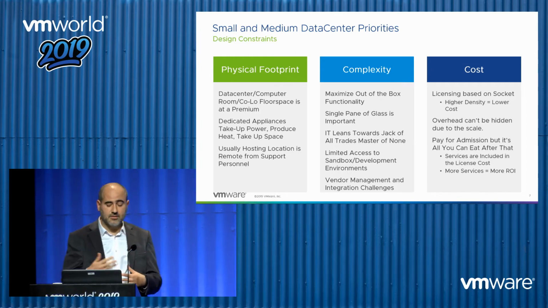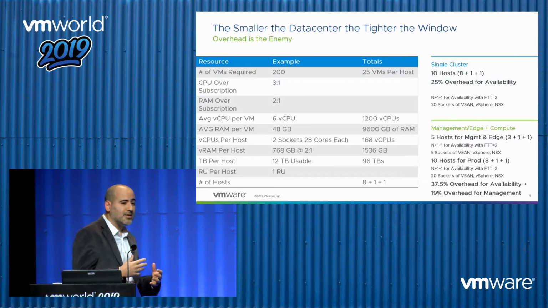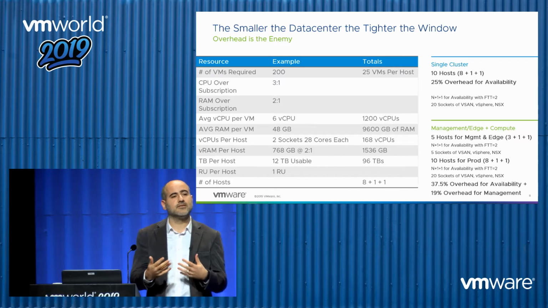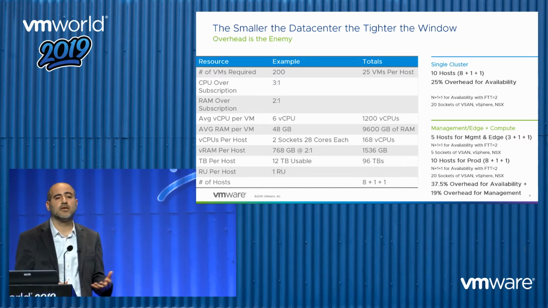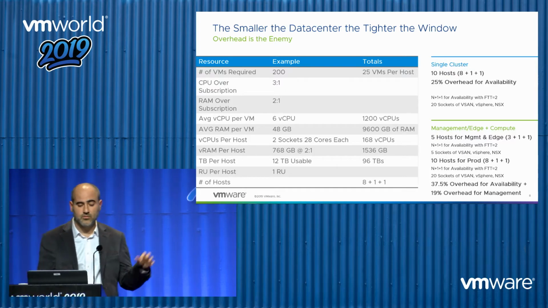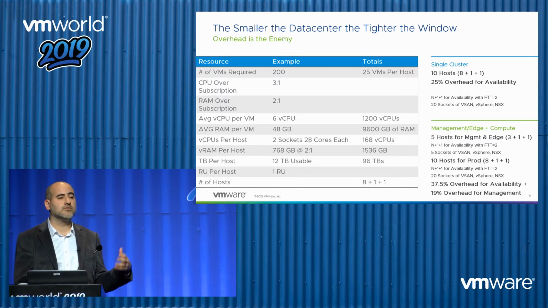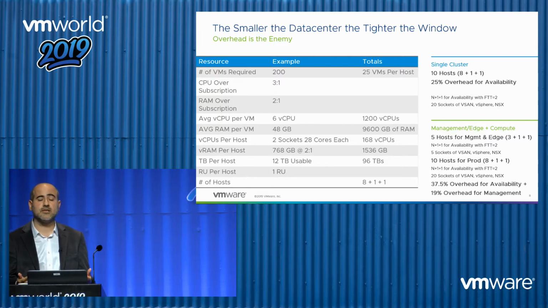The overhead piece, I'm going to dive into it in the next slide, which is, you must have gone through this usual exercise of, I have some number of VMs which will land on a certain amount of ESX host landscape. In this example, really quick, I don't want to get into each and every number here, but 200 VMs, considering the average vCPU, average vRAM size for those VMs, we find ourselves in an 8-host based ESX cluster.